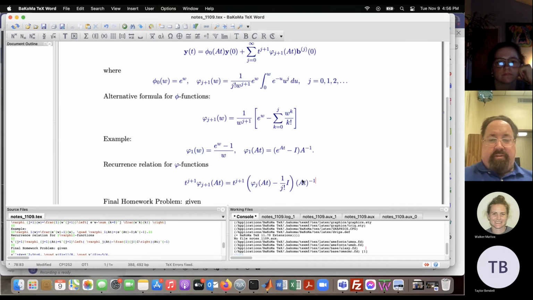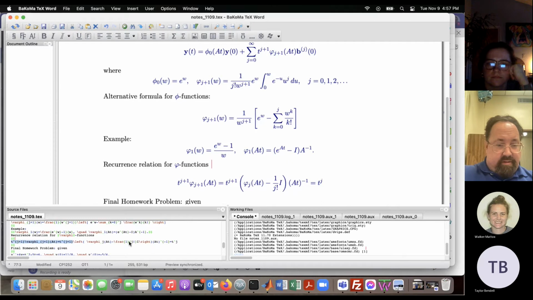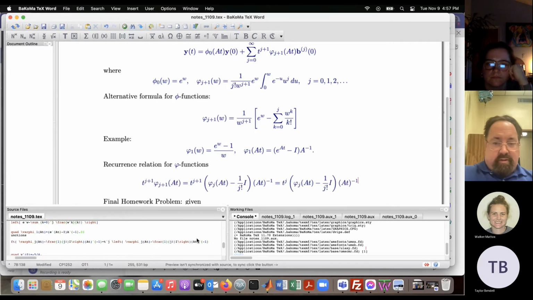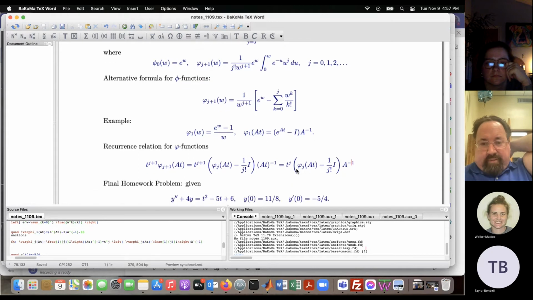So here you have A inverse times 1 over t, but that's going to be canceling with one of the t's over here. So that simplifies to t to the j. And then you just have plain old A inverse. So you might find that simpler.